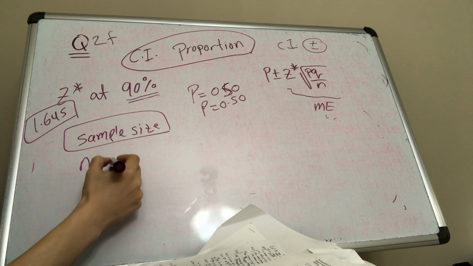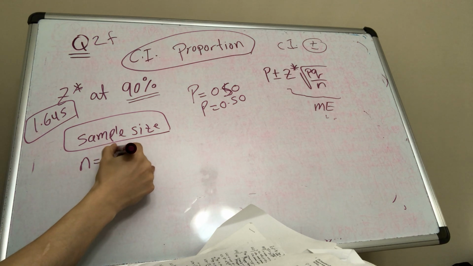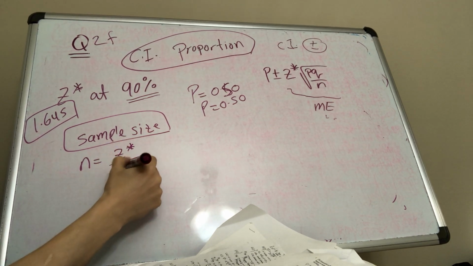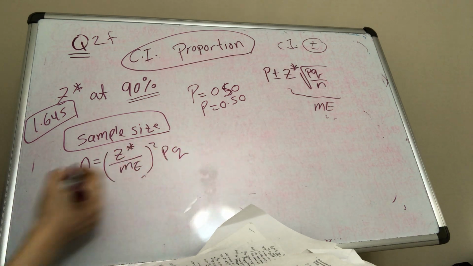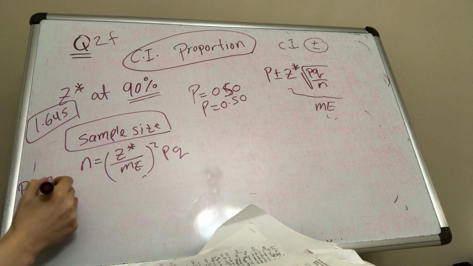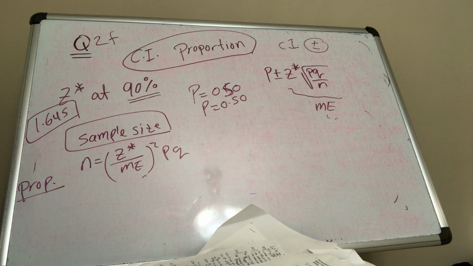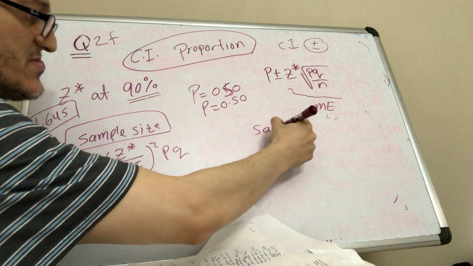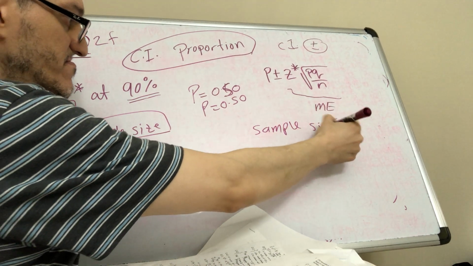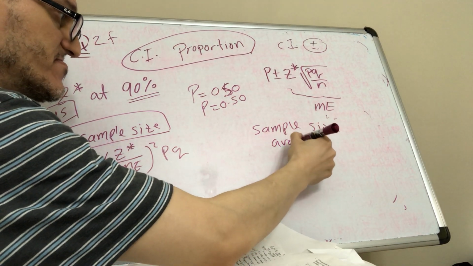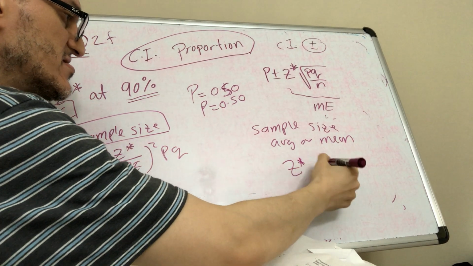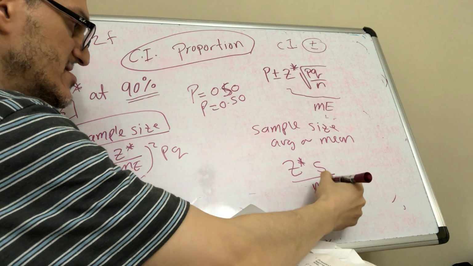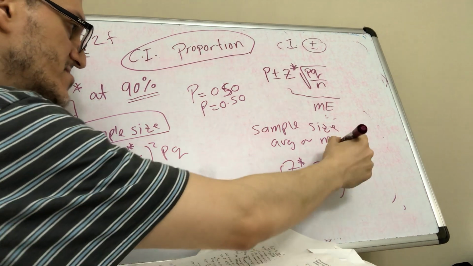the formula for sample size is Z star over ME, squared, times PQ. That's if you're estimating a proportion, like this question. If you ask for sample size for an average, or mean, we use Z times standard deviation over ME, all squared.